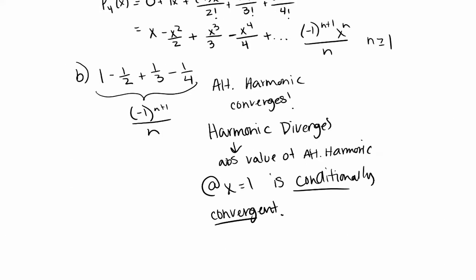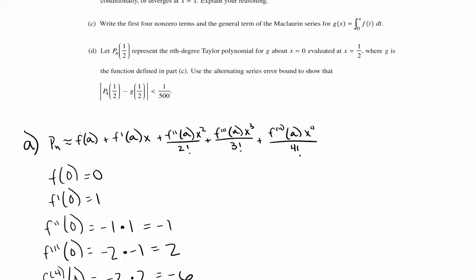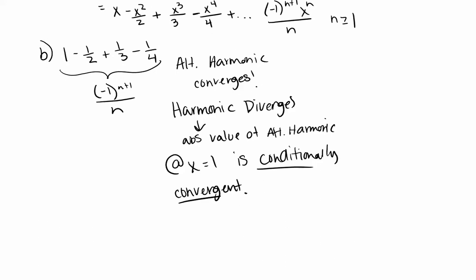So moving on to part C, it asks us to write the first 4 non-zero terms and the general term for g of x, which is the integral from 0 to x of f of t dt.